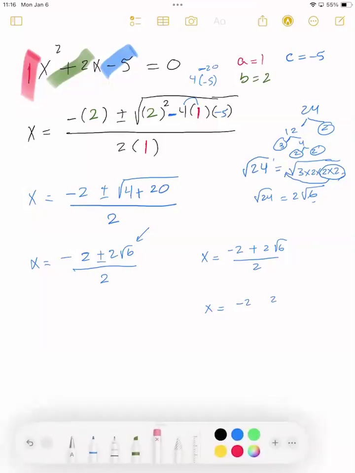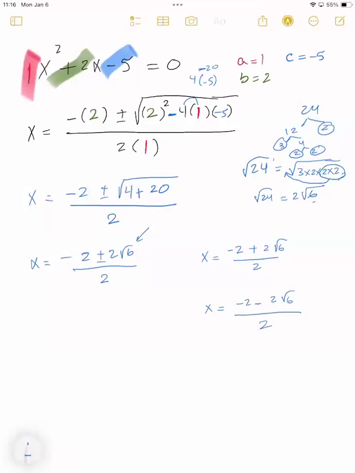But don't forget, one of them must be positive and one of them must be negative. But if they tell you to leave it as is, then you have to remember to reduce it if it's reducible. This 2 denominator belongs to both terms on the top. So you reduce them.